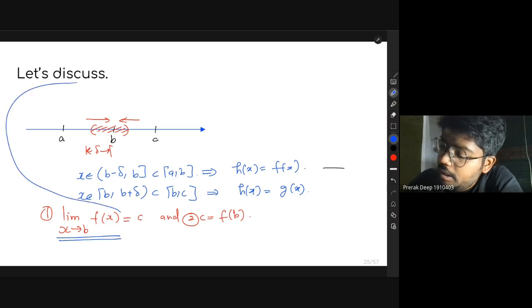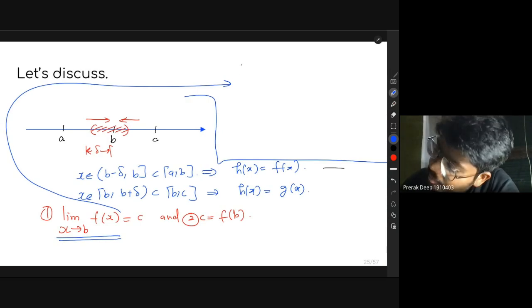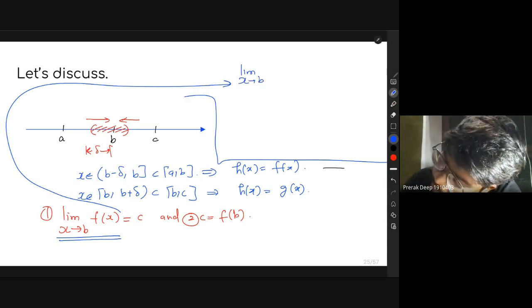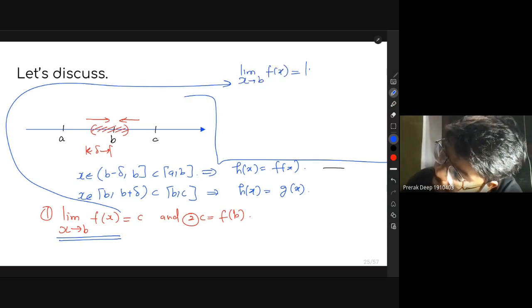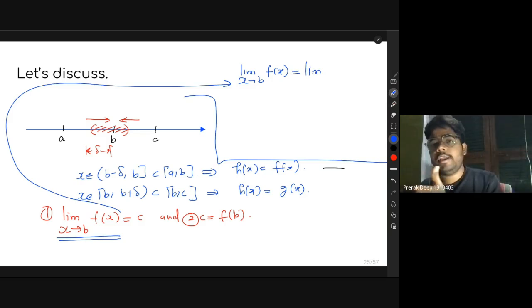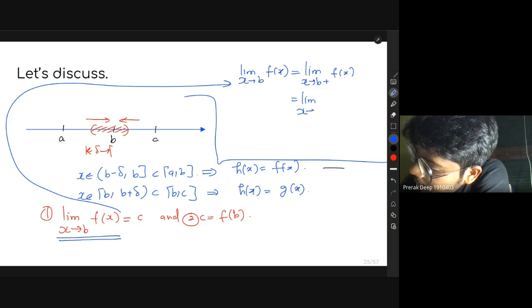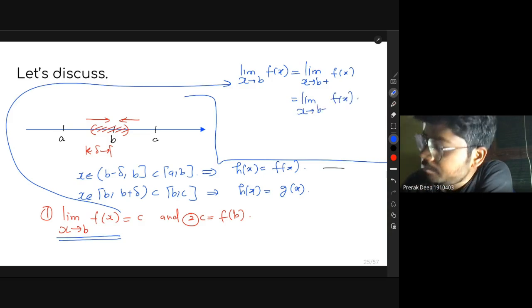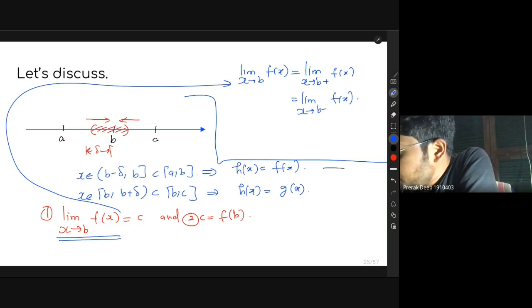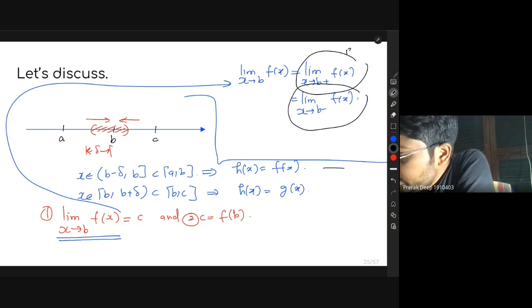We have seen today that the limit as x tends to b of f(x) is similar to the limit we approach from the left hand side and the limit we approach from the right hand side. That means the limit as x tends to b plus of f(x) equals the limit as x tends to b minus. Now we will look into these two limits, which are the RHL and the LHL.